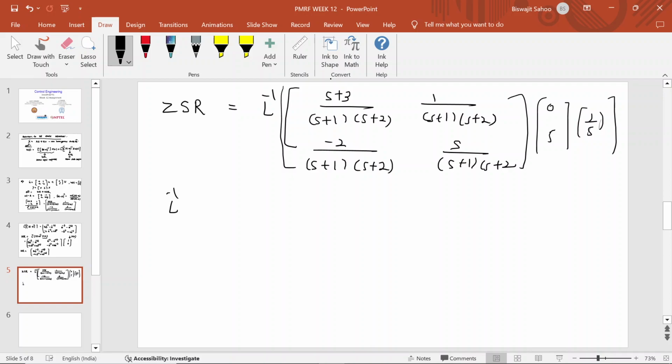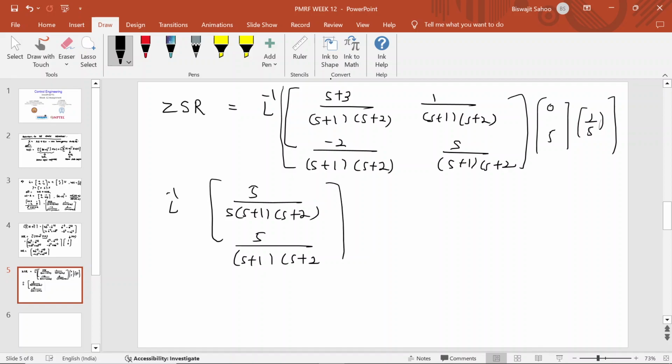Now L inverse. If you simplify this one, this will be 5 divided by s into s plus 1 into s plus 2, divided by 5 divided by s plus 1 into s plus 2. You can check this term just by matrix multiplication. If you multiply 1 by s here, this will be 0, and 5 by 1 by s, this will be 5 by s, and then again multiply here.